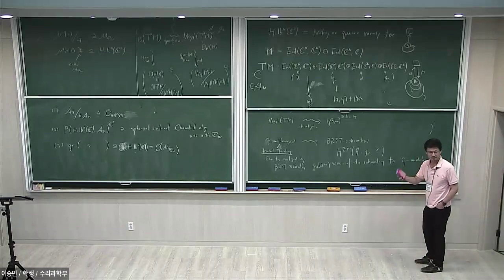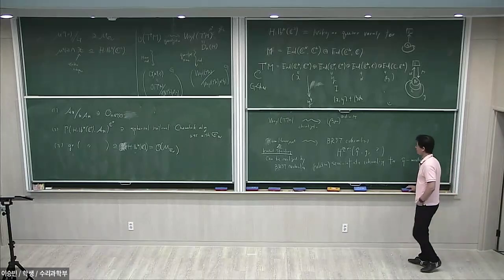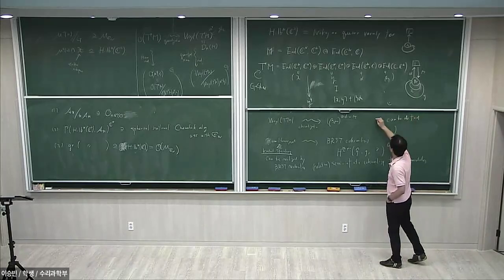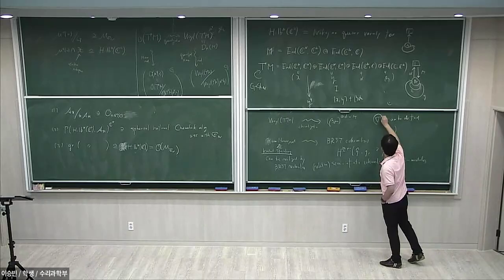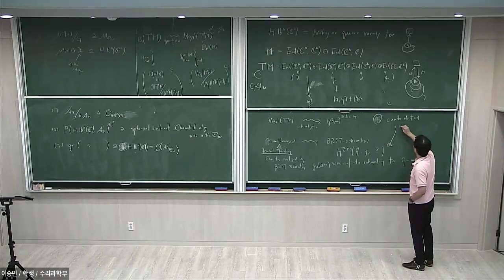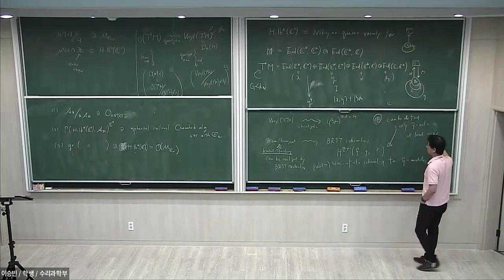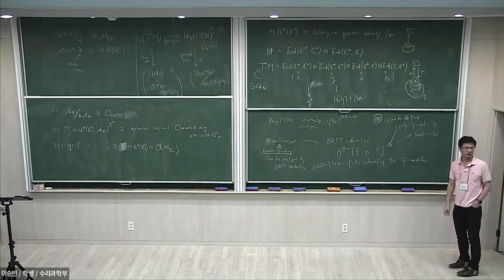So there is a problem. This cohomology can be defined only when the affine action is at level minus twice the critical level.